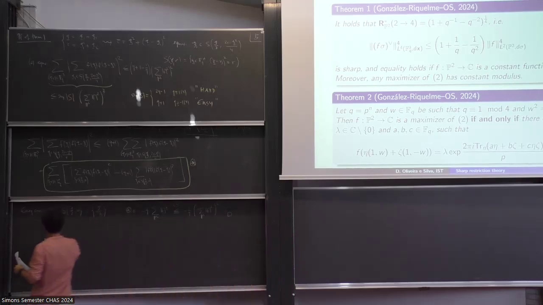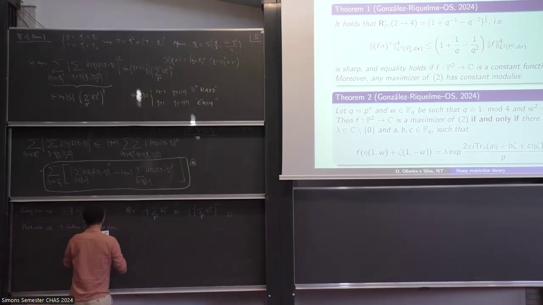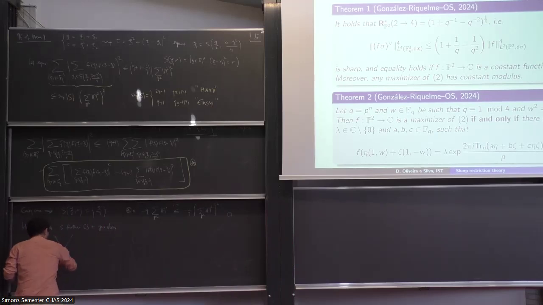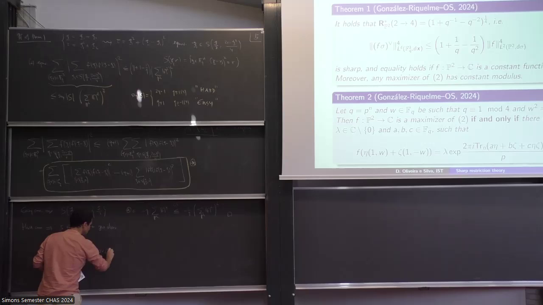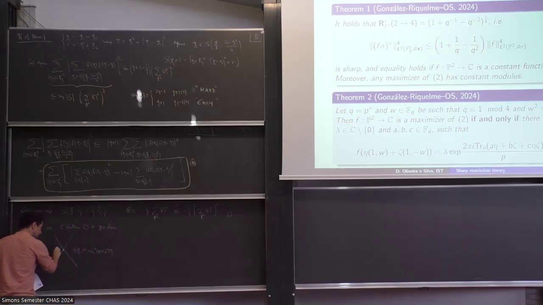So the hard case is 5 further Cauchy-Schwarz plus a geometric observation. So circles now. Let's say we have a circle of radius 0, center C over 2. This is the union of 2 lines. We can call them L plus and L minus. They intersect at the point C over 2.